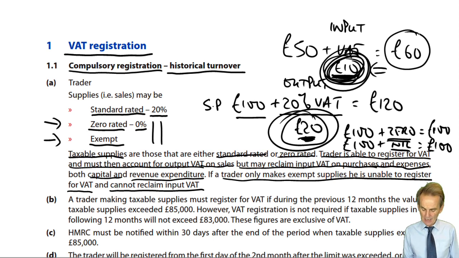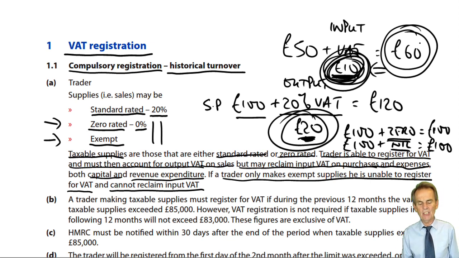If we had made a zero rated supply, then we still sell for £100. We pay the trader the same as we do now when we make an exempt supply. We pay £60, that is the price we have to pay. But with a zero rated supply made, a zero rated sale made by us, then any input tax we suffer on our purchases, i.e. that £10, we can get back.